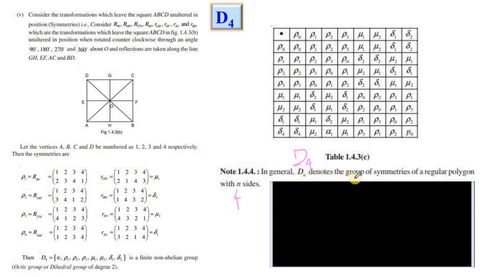In general, Dn denotes the group of symmetries of a regular polygon with n sides, but here we consider this. Symmetries are the transformations which leave the plane figure unaltered in position. So consider the transformations which leave the square ABCD unaltered in position. They are called symmetries.